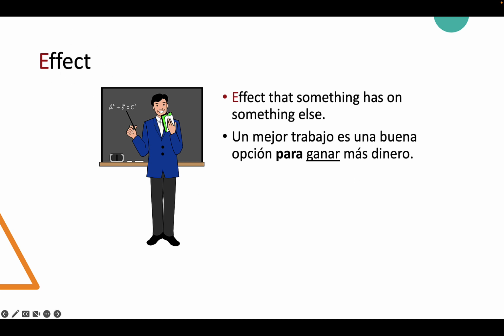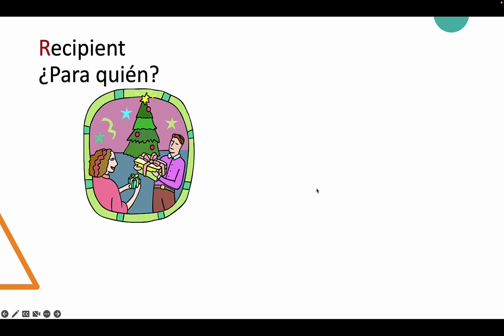So in that sense, we are linking two ideas, the consequence of one over the other, right? So we are very much talking about the effect or impact that having a better job can have. And that's when we are also going to use para. Un mejor trabajo es una buena opción para ganar más dinero.